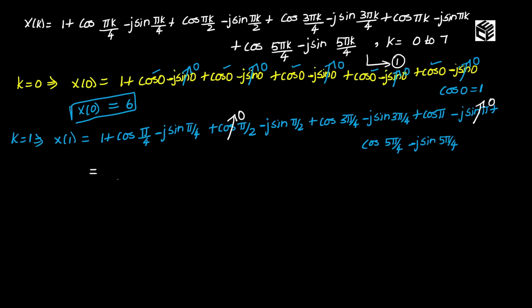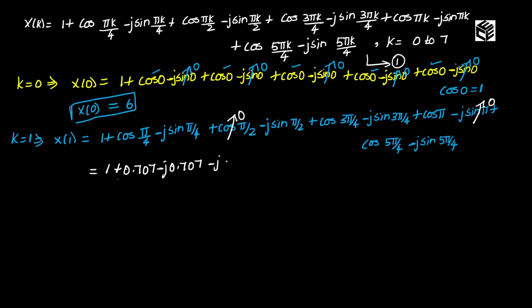Our calc must be in radian mode. The answer is 1 plus 0.707 minus j 0.707 minus j. sin pi by 2 is 1.